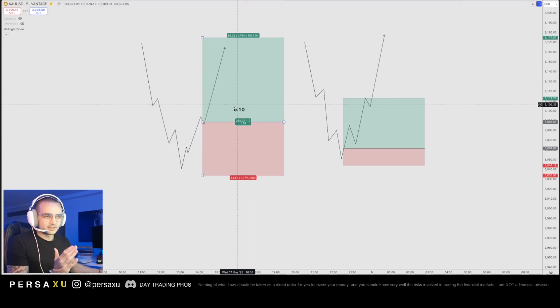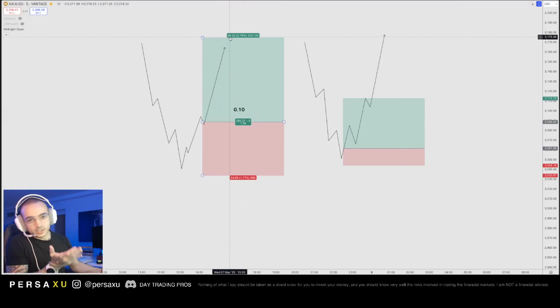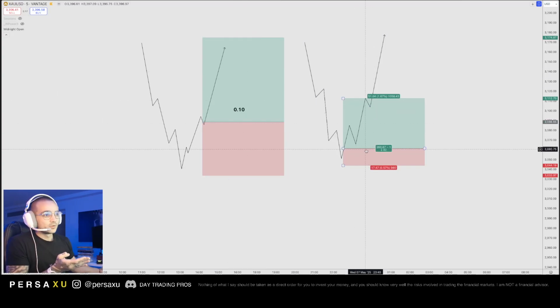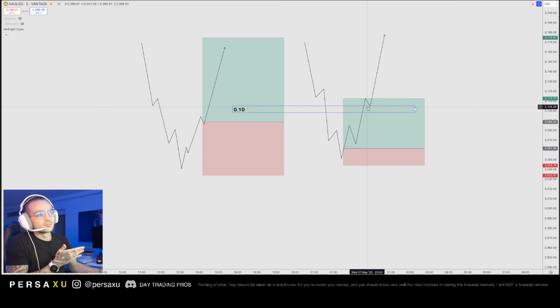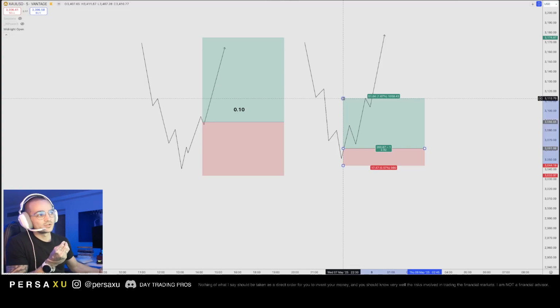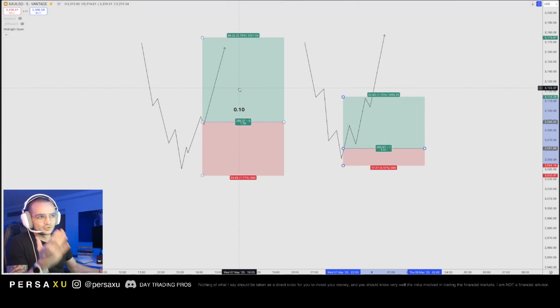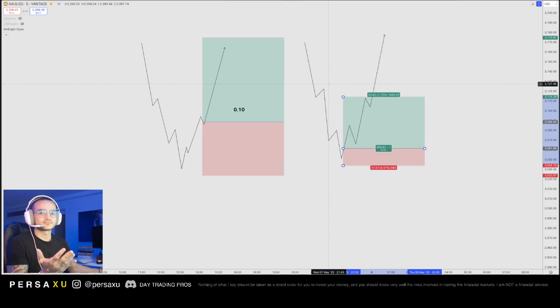With 0.10 lots, maybe you'd have to wait 1 hour for the price to really expand. Whereas if you're opening with 0.50, for example, because you've decreased your stop loss, you don't have to wait all that time. Almost half the time you can get those same $100, right? So you're risking less and potentially getting your goal much quicker, much faster.